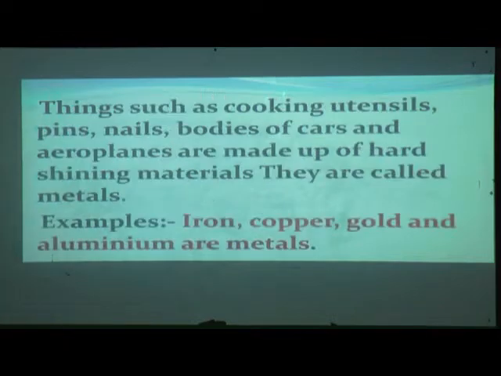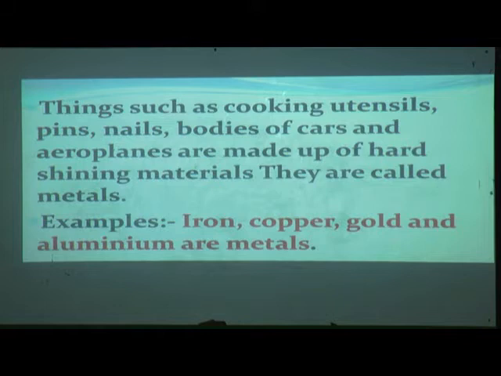So let us see what a metal is. Cooking utensils, pins, nails, bodies of cars and aeroplanes are made up of hard, shining materials. They are called metals. What is a metal, students?